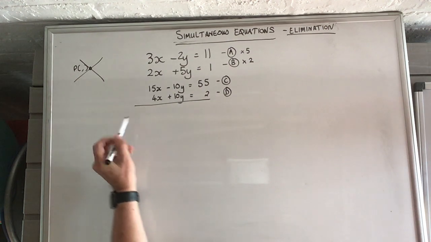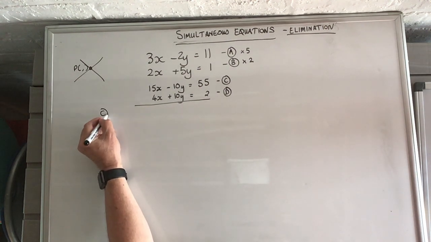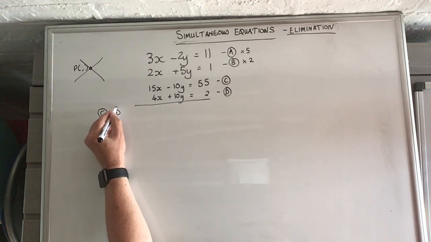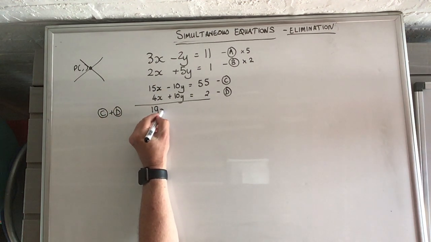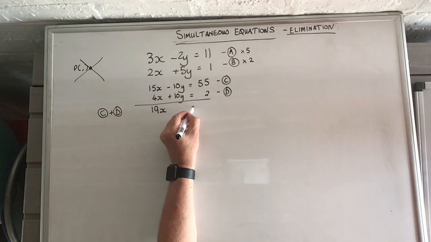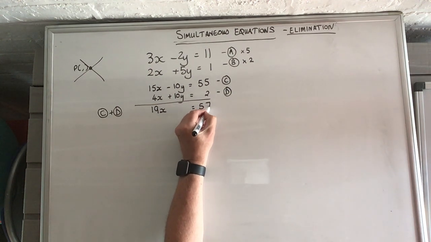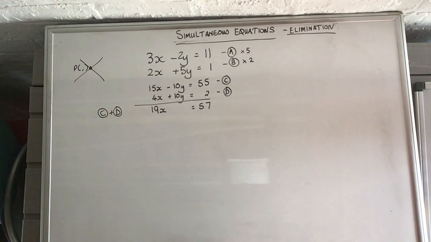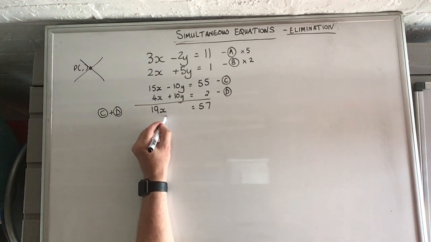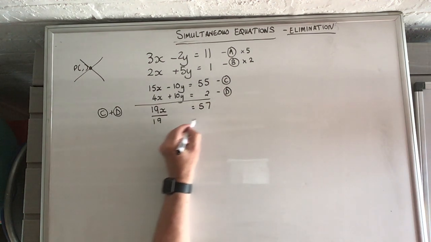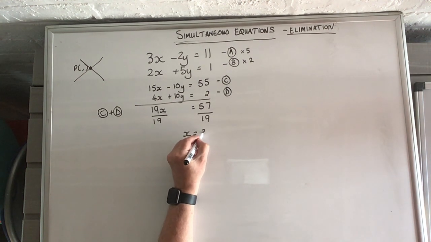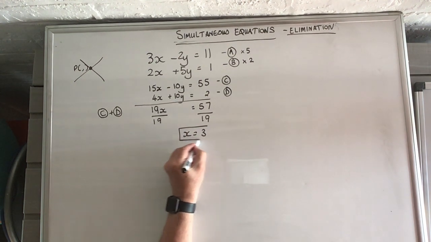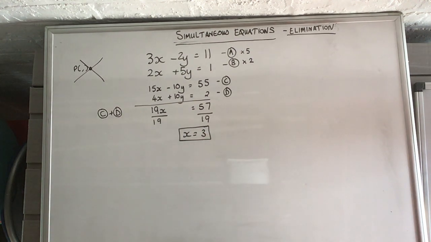So all we have to do now is say C plus D. If we add these together, we get 19x, plus 0, is equal to 57. And we can easily solve that now. If we divide both sides by 19, then x is equal to 3. That's us found the x coordinate, or the x value.